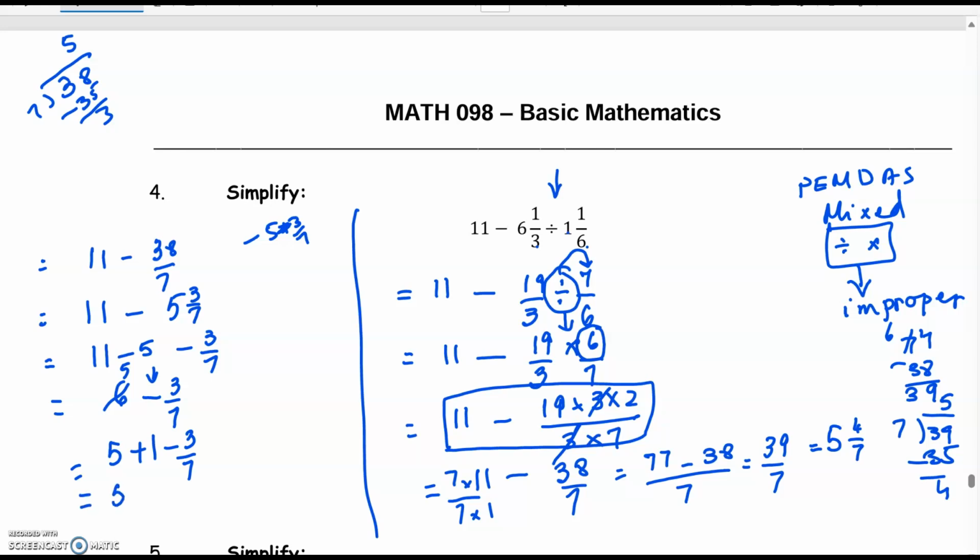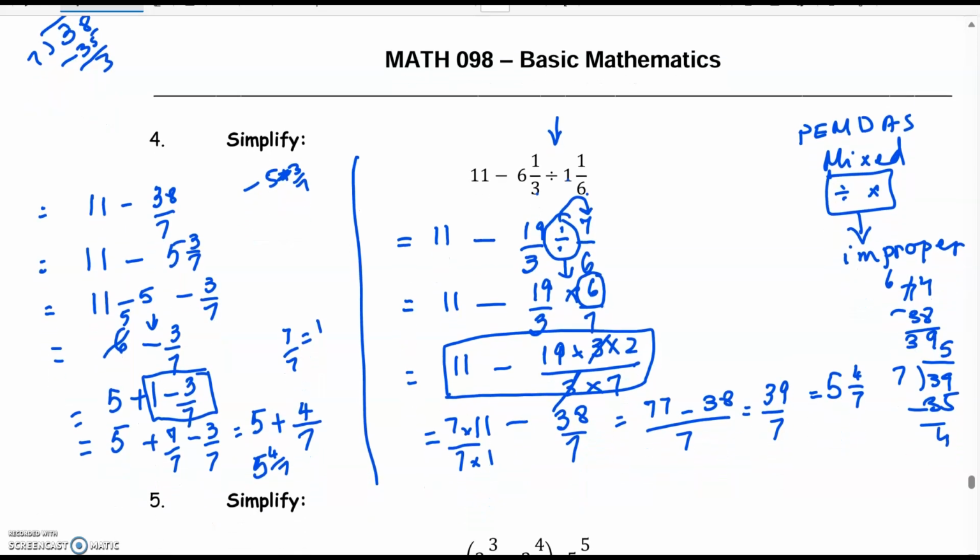And I'm going to get 5 plus 1 minus 3/7. 1 can be written as 7/7 minus 3/7, because 7/7 is equal to 1. We needed a common denominator. So 5 plus 7 minus 3 is 4 over a common denominator 7. So it's 5 4/7. So two different ways of doing it.